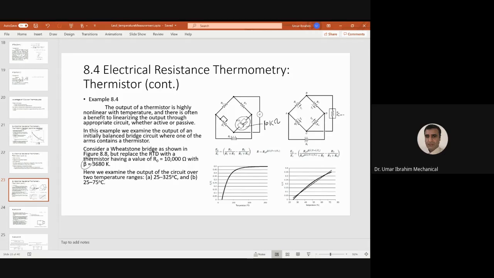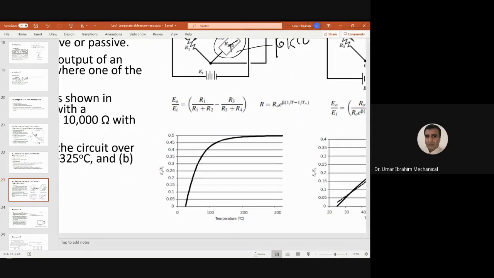Here we examine the output of the circuit over two temperature ranges: 25 to 325 degrees C, and 25 to 75 degrees C. So when we look at this for a large range, the output of the Wheatstone bridge is highly nonlinear with temperature.